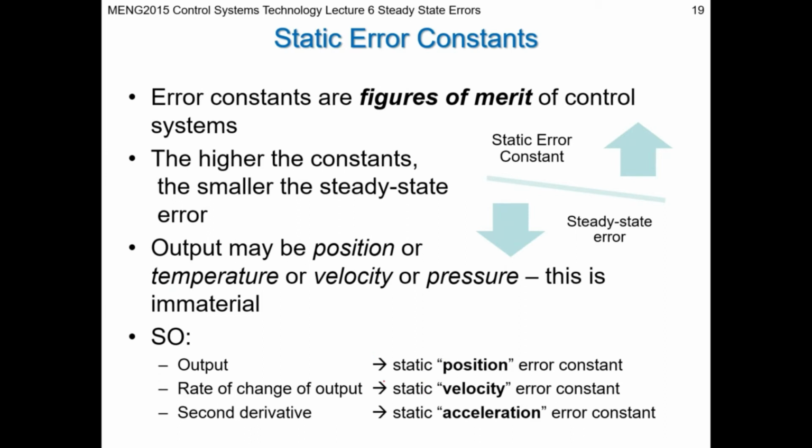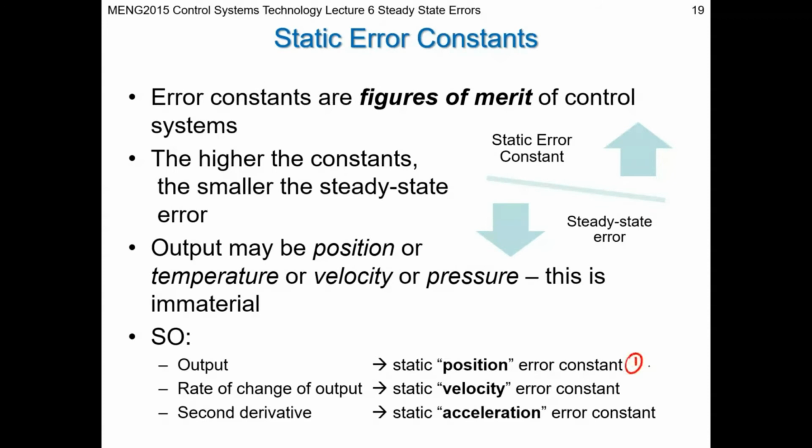So it doesn't matter what your output is, and it can get even more confusing because you could have, say, a velocity-based system. So your Kp, or your position error constant, then corresponds to your output, which is velocity. So your position could be velocity, and then your velocity would be acceleration, and your acceleration would be impulse.